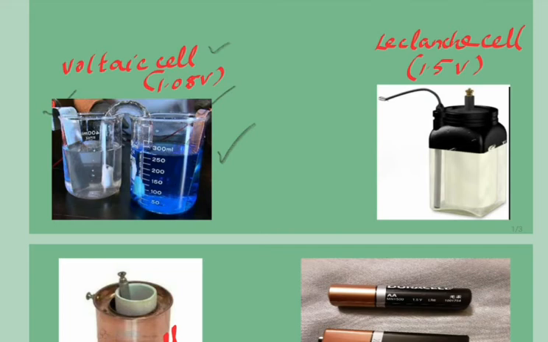So there is an arrangement for the electrolyte and electrodes, anode and cathode, in the Voltaic cell. When you look at the Leclanché cell, the setup is a little bit different. Inside it also there will be electrolyte, one positive anode and a negative cathode, and it will provide a voltage of 1.5 volt.